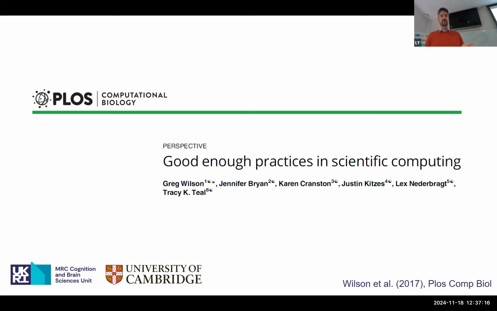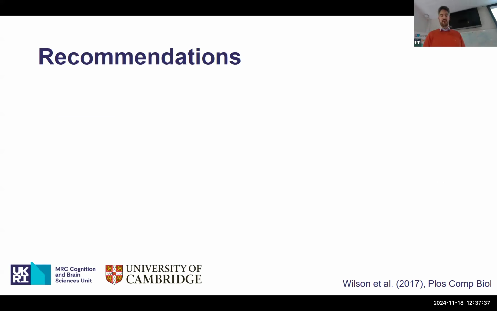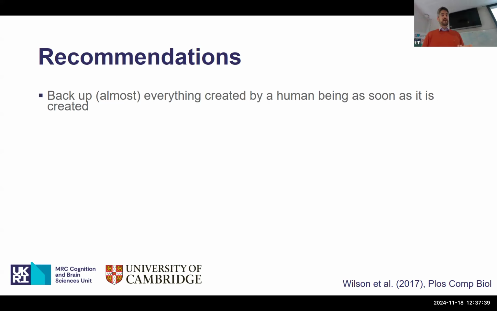There's a very good paper about the coding practices everybody should adopt for scientific computing, Good Enough Practices in Scientific Computing. In that paper, they make several suggestions for all sorts of aspects of your scientific computing projects, but specifically they have recommendations on version control. So back up almost everything created by a human being as soon as it's created.